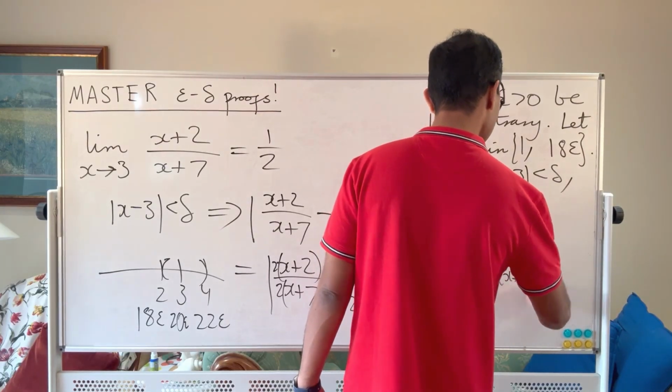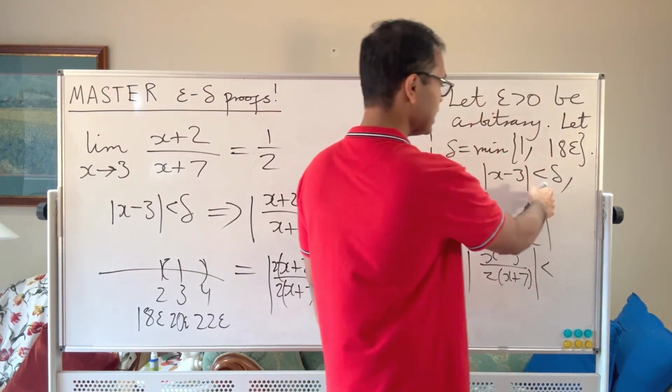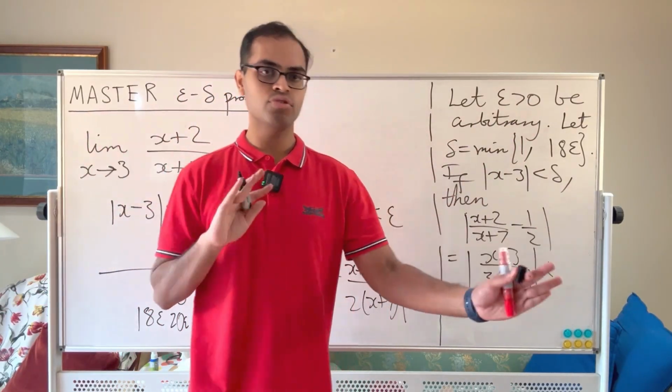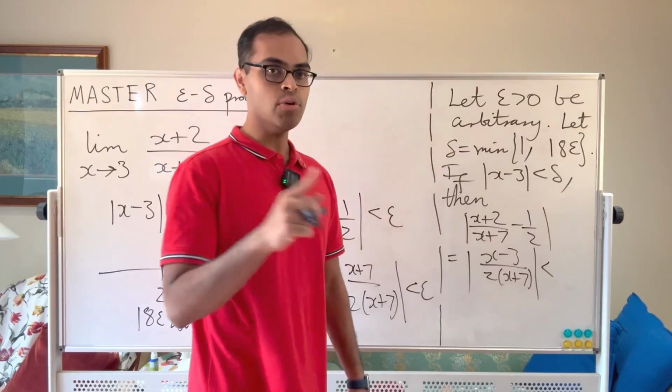We know this is going to be less than, well, delta was the minimum of 1 and 18 epsilon, so it's the smaller of the two, whatever that is. So it's less than or equal to both of them.